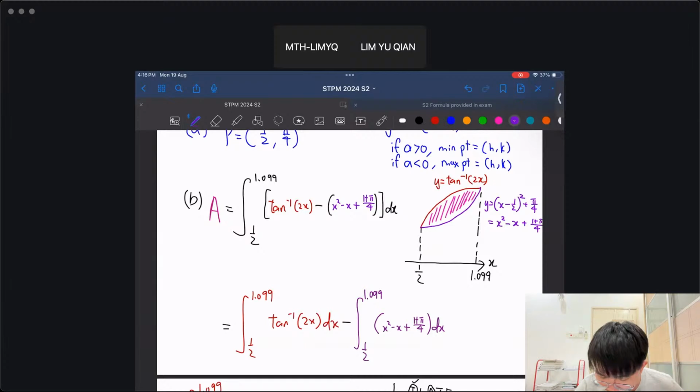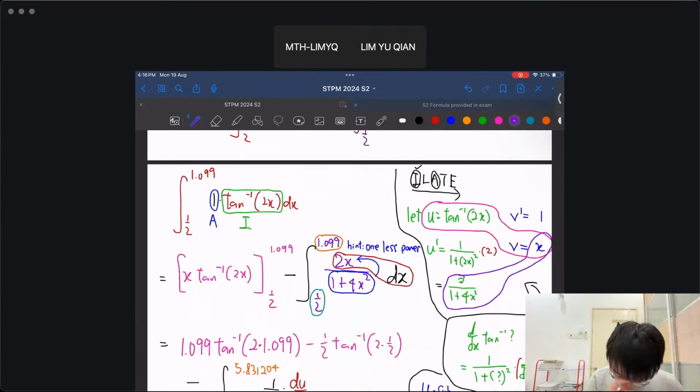Okay, use upper minus lower, and then arctangent to x, and then x times arctangent x, and then differentiate and multiply by x.